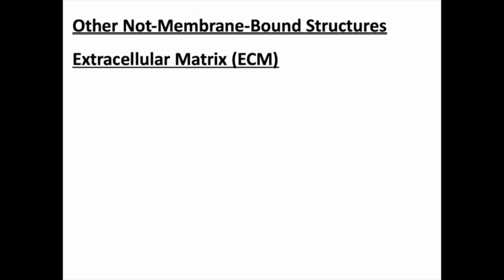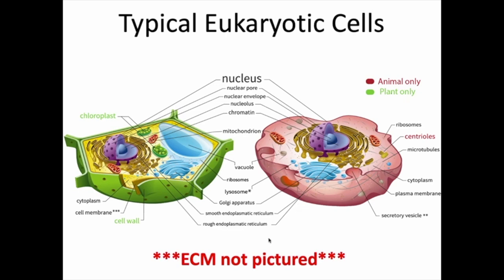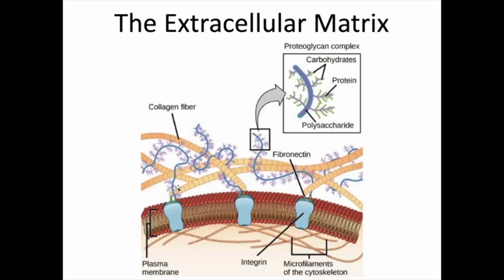We can't see the extracellular matrix pictured here, but if we zoom in a bit, we can see it labeled here. There's the plasma membrane, there's the cytoplasm, and all this junk on the outside is the extracellular matrix.